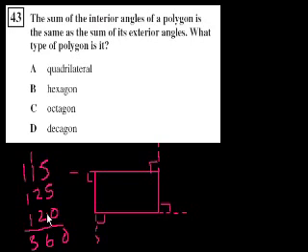So a good thing to know is that the sum of the exterior angles of any polygon is actually 360 degrees, and maybe we'll prove that in another video, for a polygon with n sides. But now that we know that, if they say the sum of the interior angles of a polygon is the same as the sum of its exterior angles, this is the same as saying that the sum of the interior angles is equal to 360, because this is always going to be 360 degrees, no matter what the polygon is.